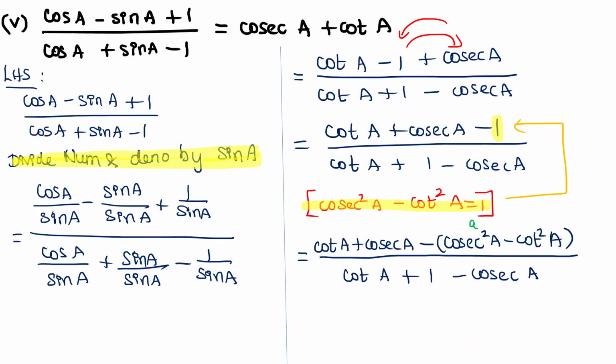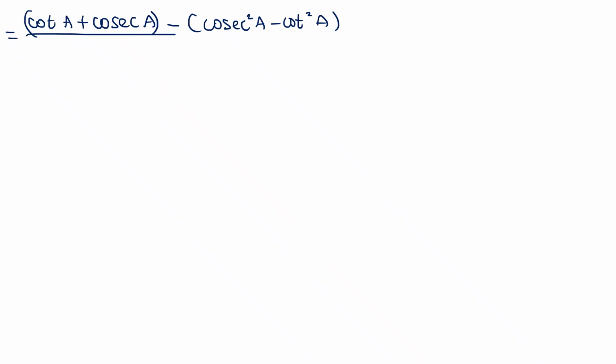So here look carefully, you get a square minus b square, where a is cosecant A and b is cot A. So cot A plus cosecant A you had, that minus sign, we replaced 1 as cosecant square A minus cot square A.